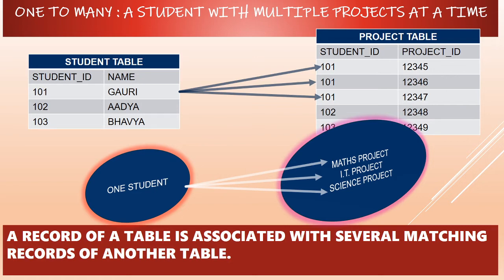In the first table, the master table, the primary key is the student ID, whereas in the project table, we cannot say that student ID is the primary key. In the project table, project ID is the primary key, whereas student ID is the foreign key. This way, the one-to-many relationship is formed across these multiple tables.